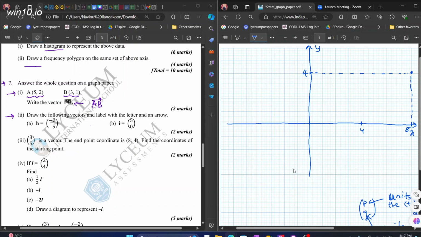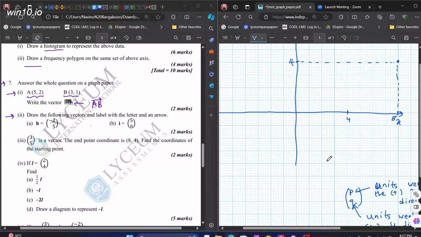Okay. So when we are given the starting point, we go in the direction they are telling us. So if we are given the starting point as this, we go 3 points to positive x and 5 points to positive y. Okay, now this is our vector.